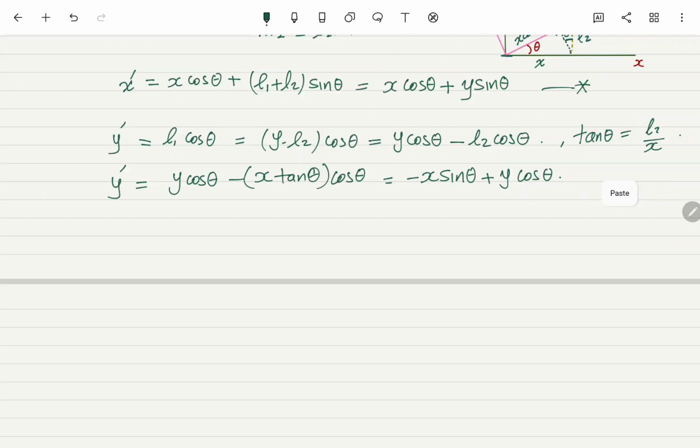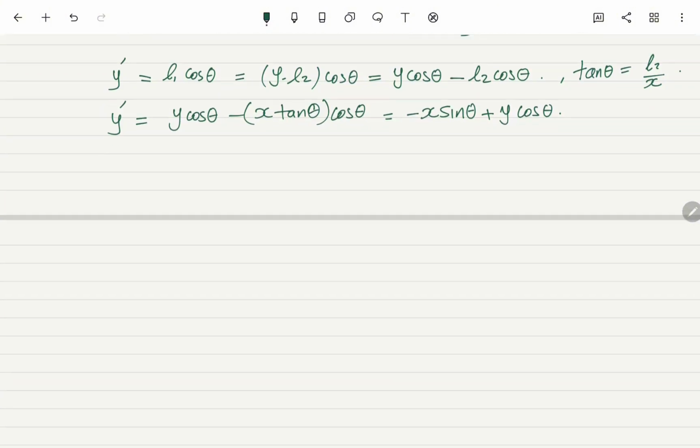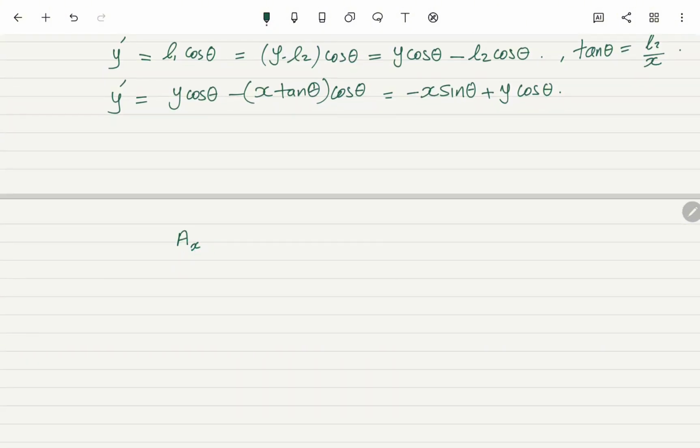Since the displacement vector r is transformed in this manner under this rotation, we can generalize that any vector a would follow the same manner: ax prime, the new coordinates, equal to ax cosine theta plus ay sine theta, and ay prime equal to minus ax sine theta plus ay cosine theta.